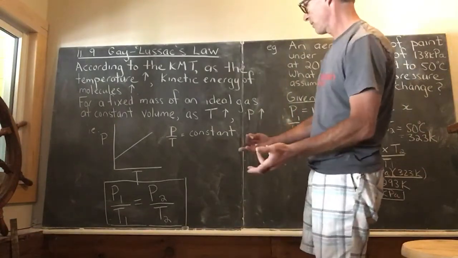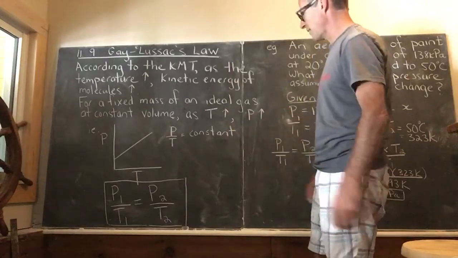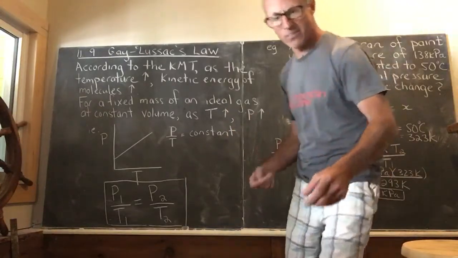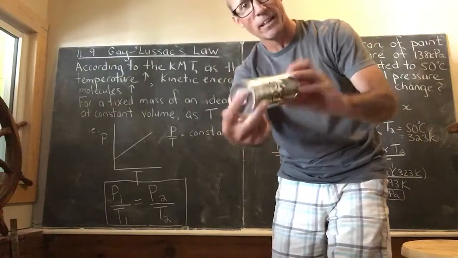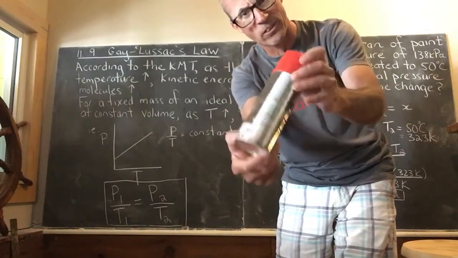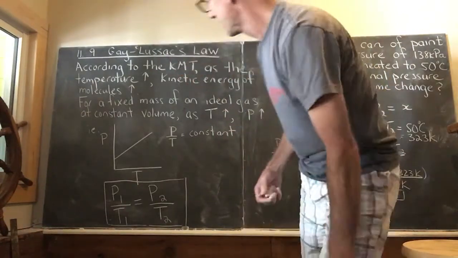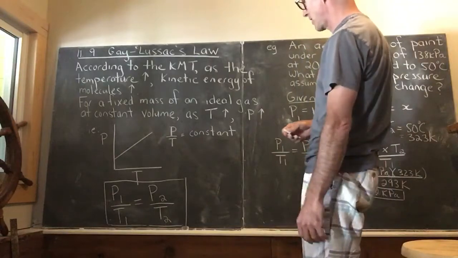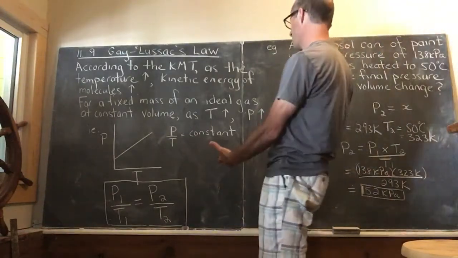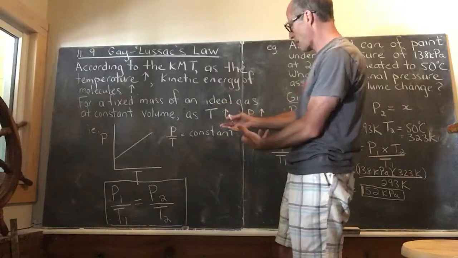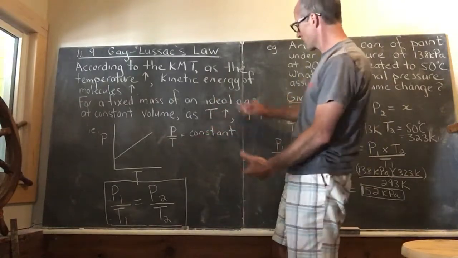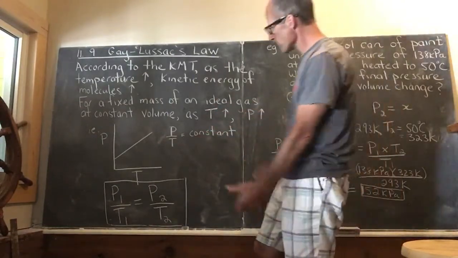That makes sense. So if we have a fixed mass of a gas inside of this container, it can't get in or out, it's fixed inside, and the volume stays constant, it kind of makes sense that as we heat that aerosol can up, the pressure will go up.